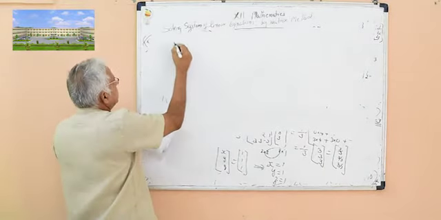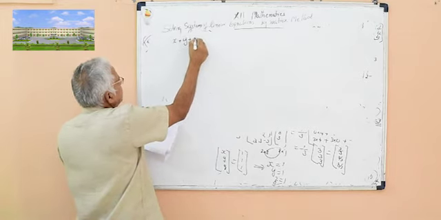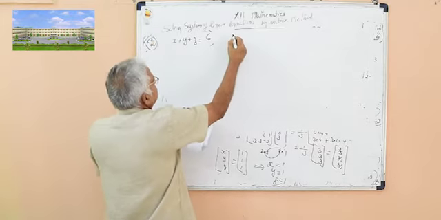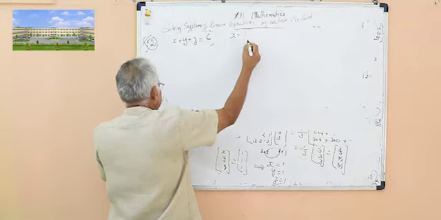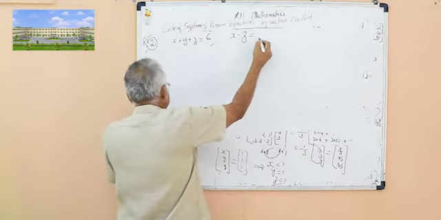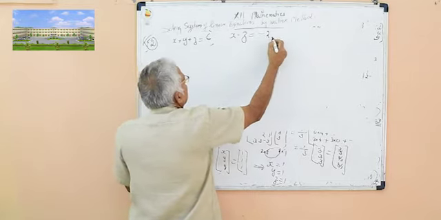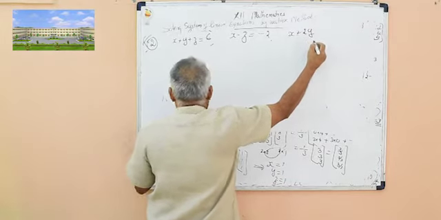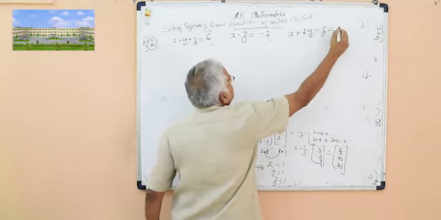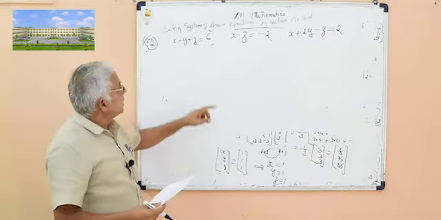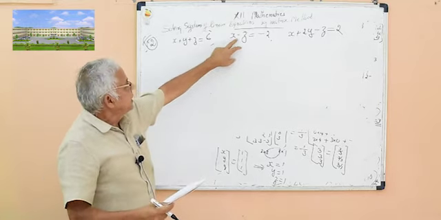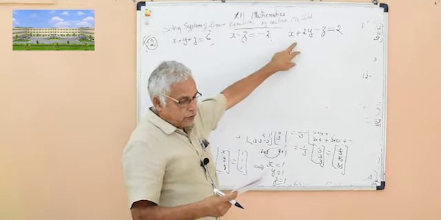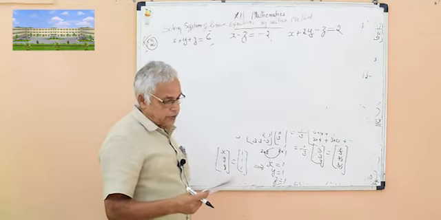Question: x plus y plus z is equal to 6, x minus z is equal to minus 2, and x plus 2y minus z is equal to 2.